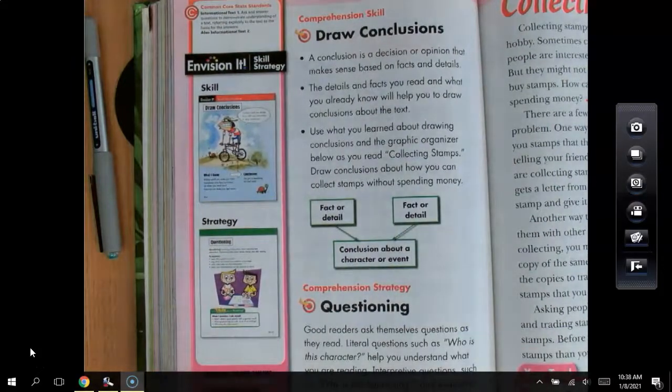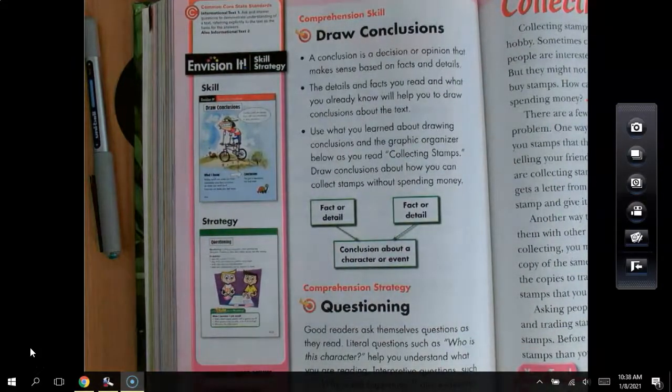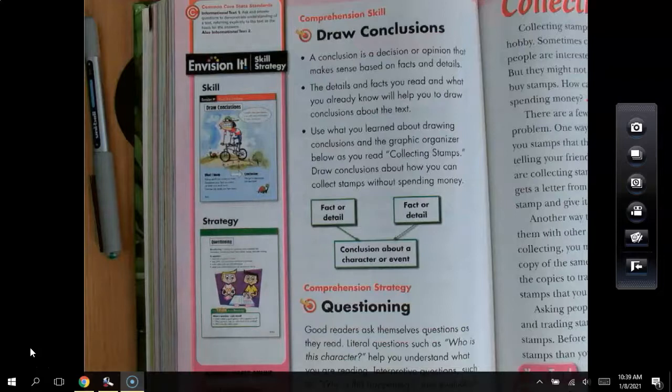When I'm reading a story, I always think it's important that we ask questions while we read. If I'm reading a story about certain characters, I want to ask, who is this character? What are they doing? What is happening? Why is this happening? So good readers always ask themselves questions as they read.